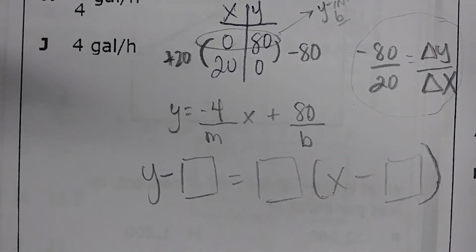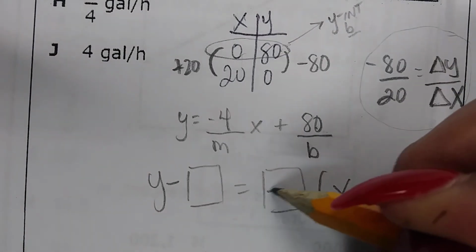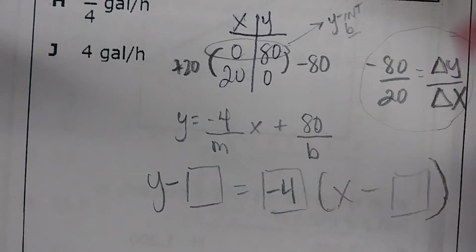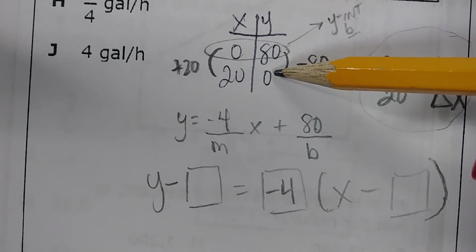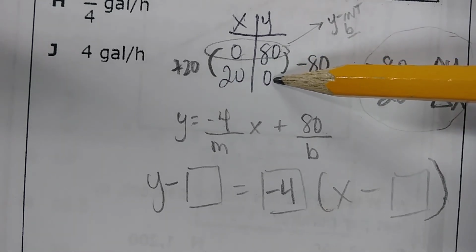We need a point and a slope, or excuse me, the slope of this problem. So the slope is -4, put that here. Now we need a point. Ooh, we have several. Not just these two, I could find others. However, 20, 0 works fine.